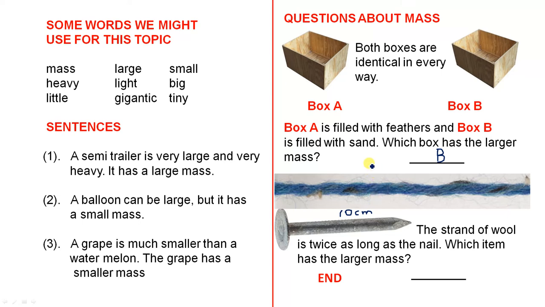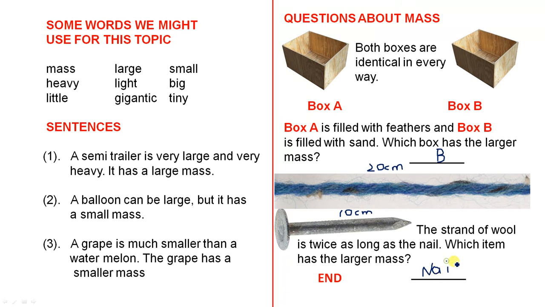And this one is 20 centimetres. Now if you put the nail in one hand and the strand of wool in the other, which item is heavier? I think you would agree that it would be the nail. Okay, so the nail is heavier.